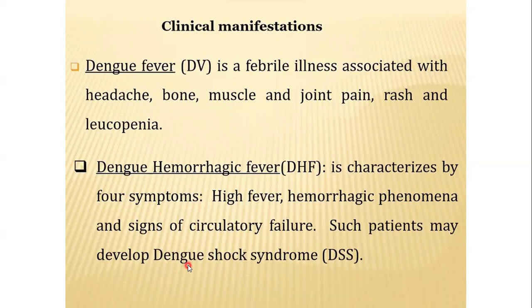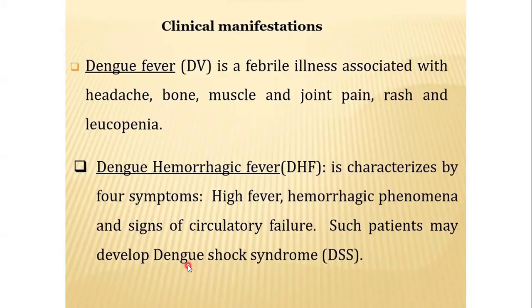So in shock, remember you're losing blood since you have thrombocytopenia, and now not enough blood can go to your tissues. So you're in a state we call hypoxia. Hypoxia is when there's not enough oxygen going to the tissues.